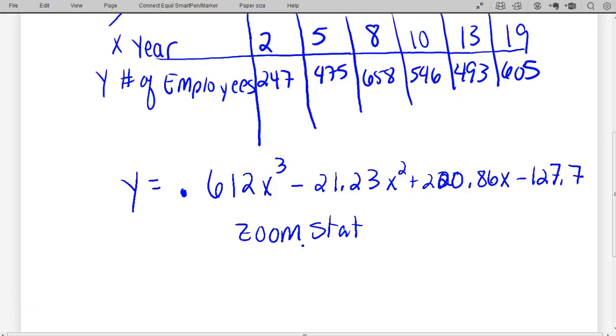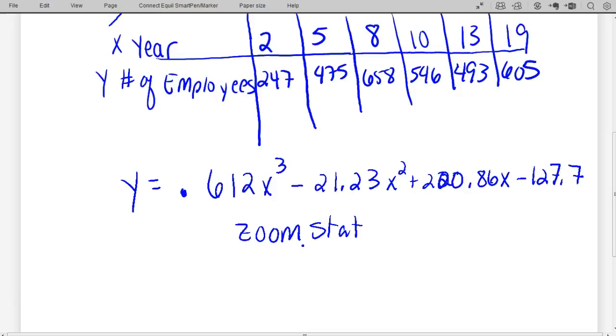To predict the number of employees in 1995, once you have the equation, you can go to the table and look up the number of employees when x is, what would 1995 be? 1995 minus 1970 is 25.